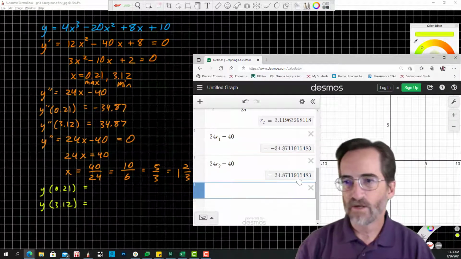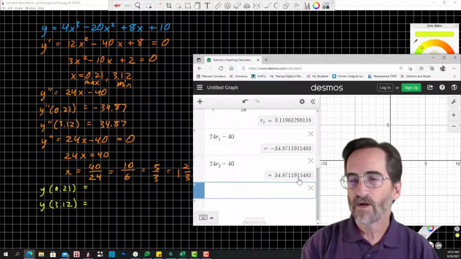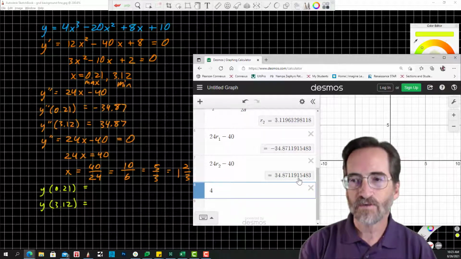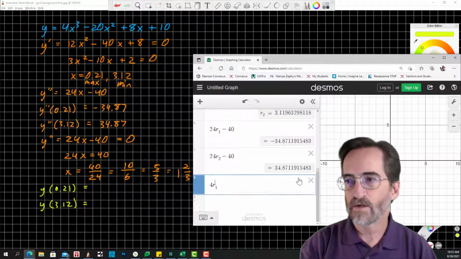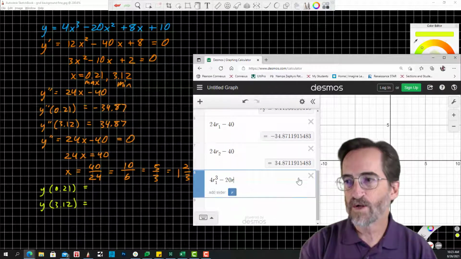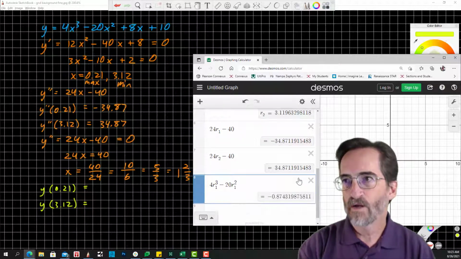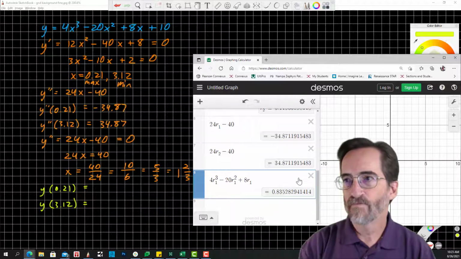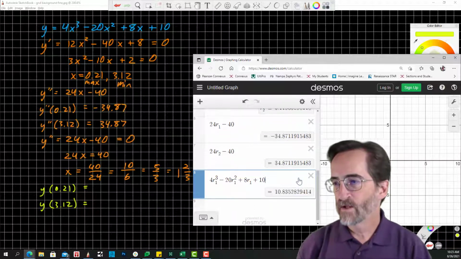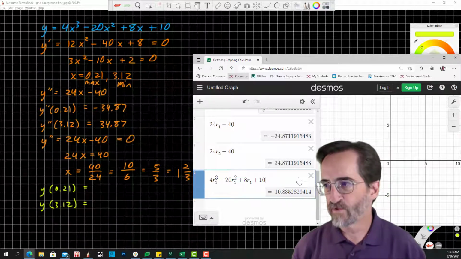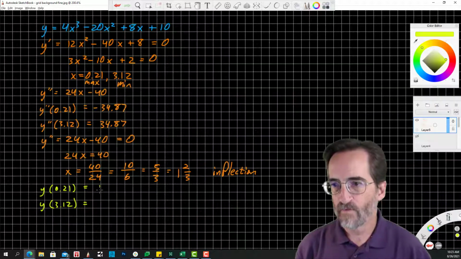So let's do that here. y is 4x cubed minus 20x squared plus 8x plus 10, so I'm going to plug in the roots. Root 1 cubed, 4 root 1 cubed minus 20 root 1 squared plus 8 root 1 plus 10. And that's 10.84.